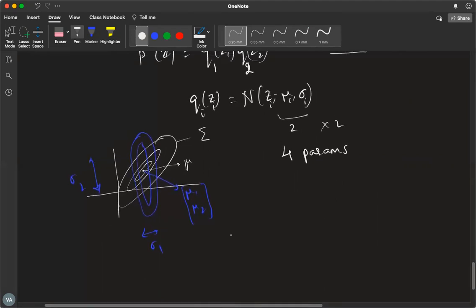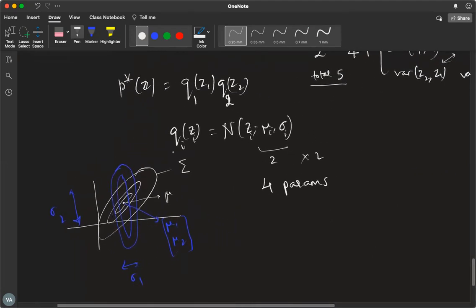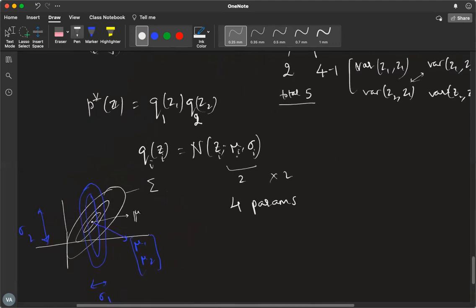And we saw that the advantage we get is, first of all, we are able to get rid of a complicated sigma matrix, and we are just able to work with a diagonal matrix composed of small sigmas. Secondly, our number of parameters is reduced.